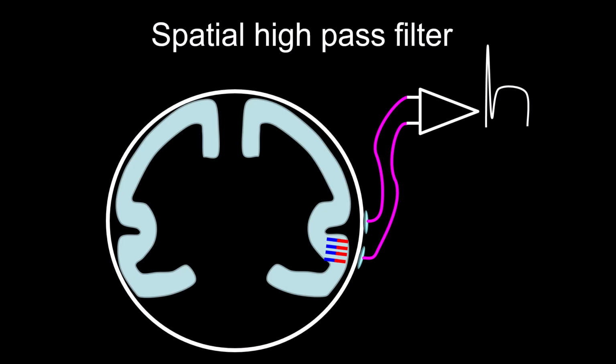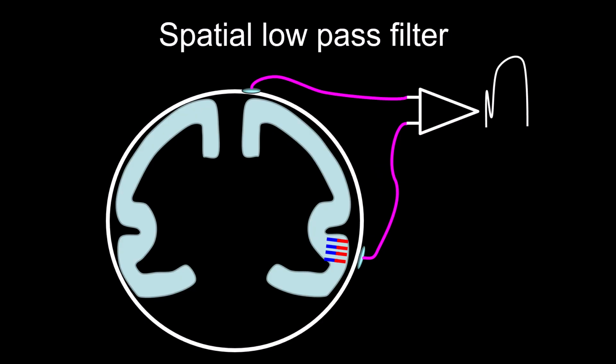So closely placed electrodes behave like a spatial high-pass filter, emphasizing fast waves that involve one electrode. Widely spaced electrodes, as we encounter when using common electrode reference montage because of the longer inter-electrode distance, most of the time behave like spatial low-pass filters.